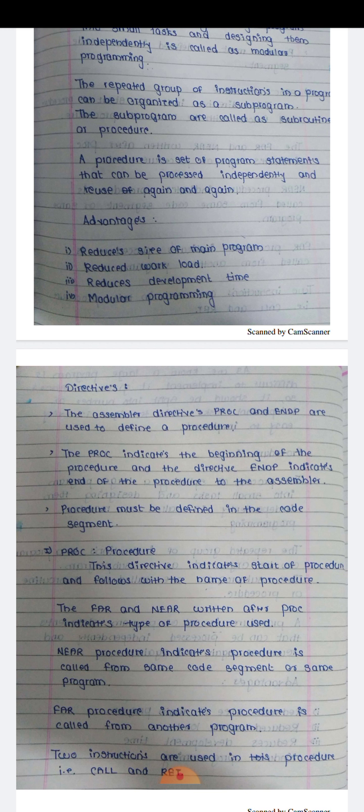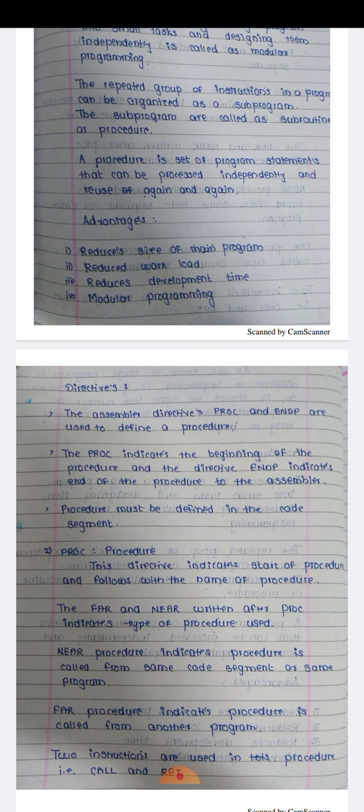In that, the first directive is PROC, which indicates the start of a procedure. Then the procedure is of two types, far and near. As I said, the microprocessor is a multi-programming device, so it is able to do programming with other peripheral devices with 8086.